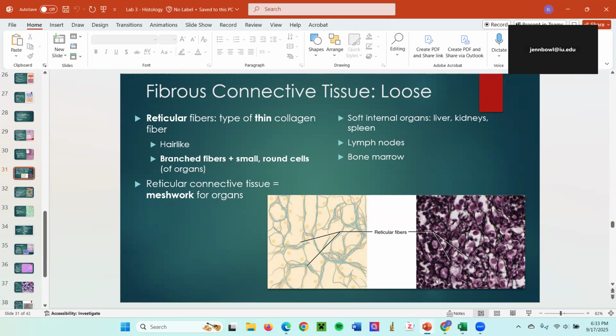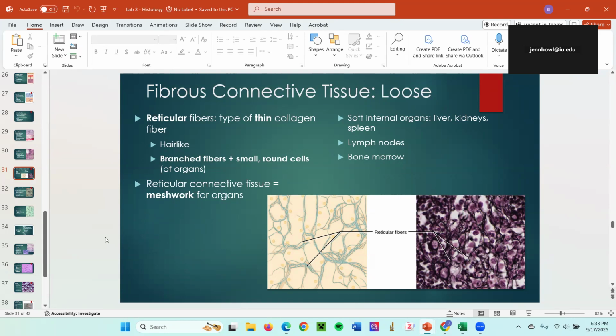If we are looking at the liver, same deal. We have all of these cells of the liver, which are performing the actual function of the organ system, and they are supported by this scaffolding, this reticular connective tissue. That's why I don't have an example that's just reticular connective tissue.